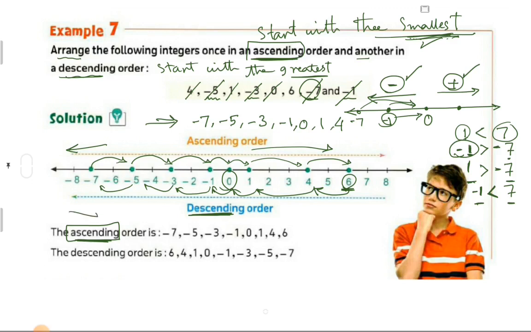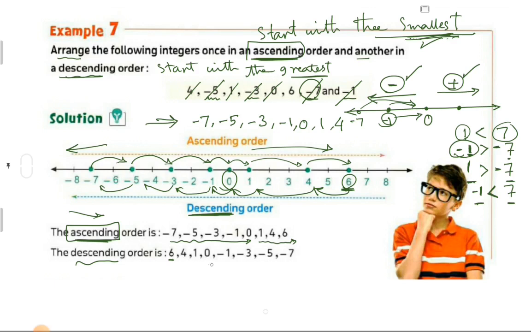About ascending order, you start with the biggest digit with the negative sign, to 0. Then you start to increase digits 1, 4, 6. The opposite of this operation is the descending order. You start with the biggest one, so we start with the biggest digit without negative: 6, 4, 1, 0.